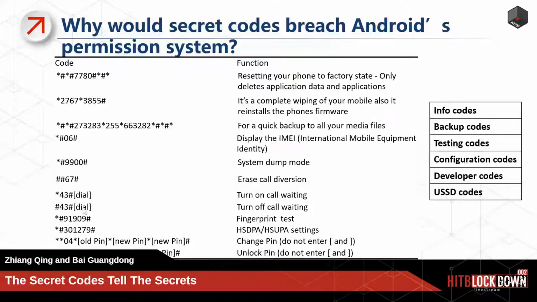For example, these 2 secret codes can be used to turn on or turn off call waiting. The purpose of listing those secret codes is to show that those codes can do a lot of high privilege actions.